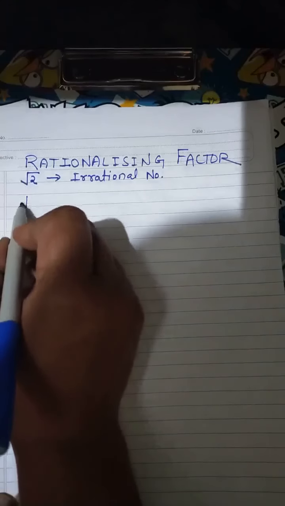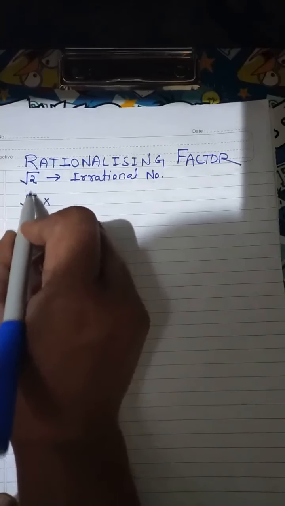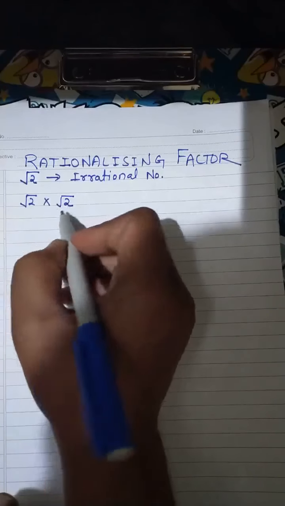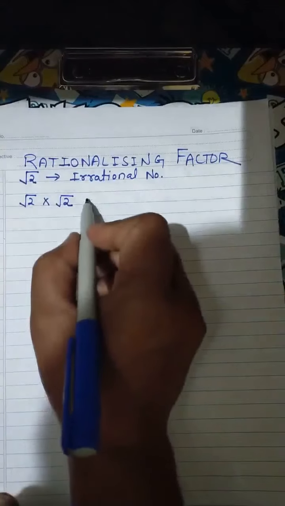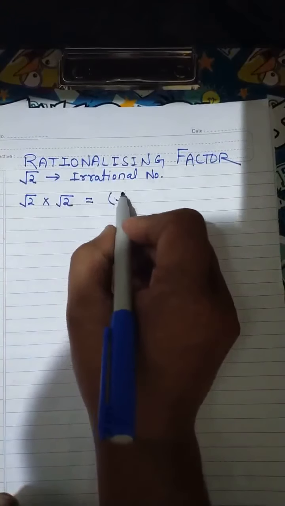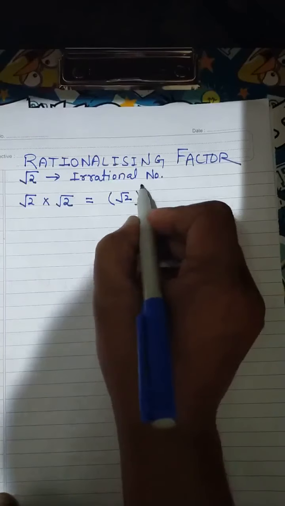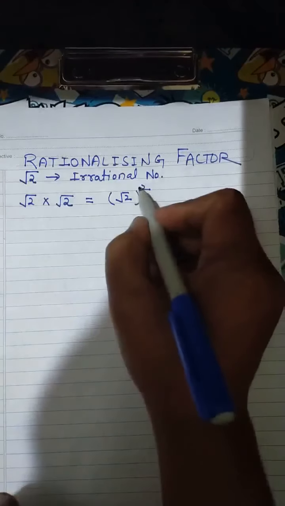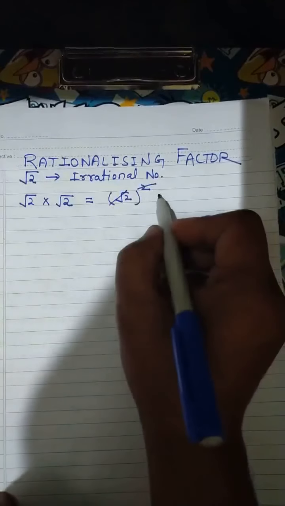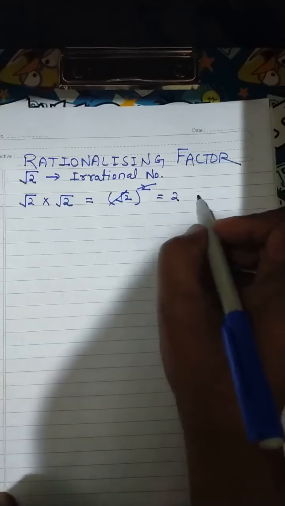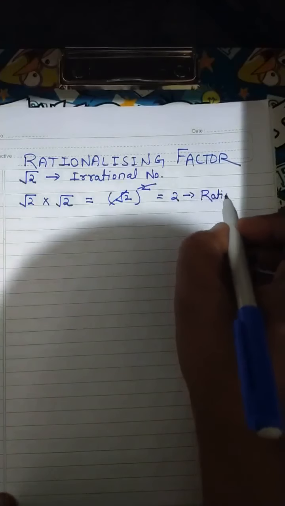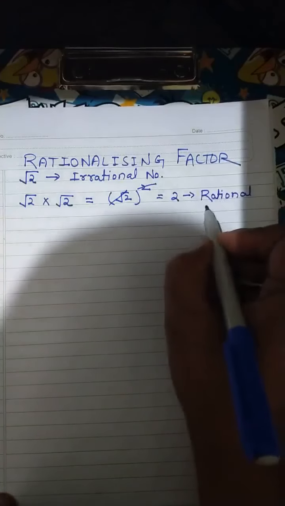So I'm going to multiply this square root of 2 by another square root of 2. If we multiply both, we will get square root of 2 whole square. Now the square and square root cancel out, so we will get 2. So this 2 is a rational number.